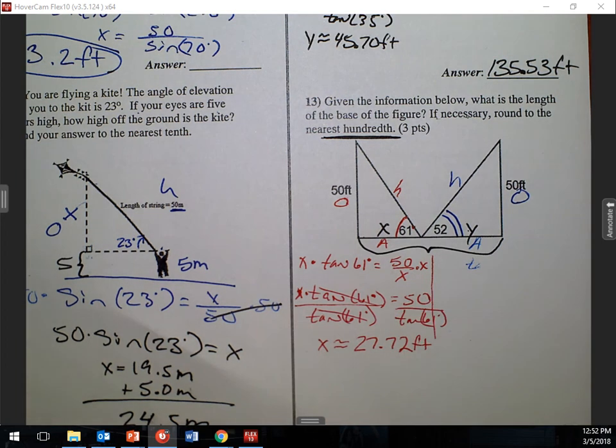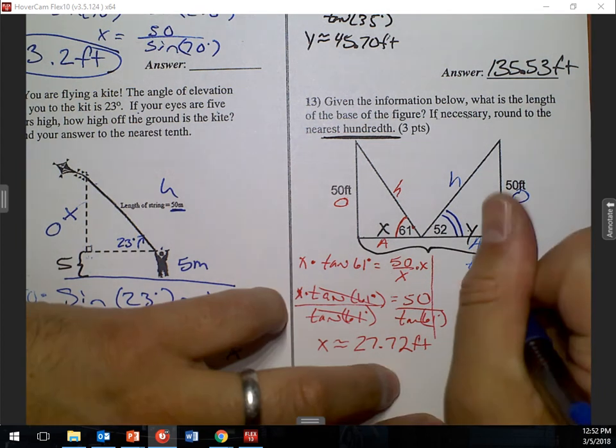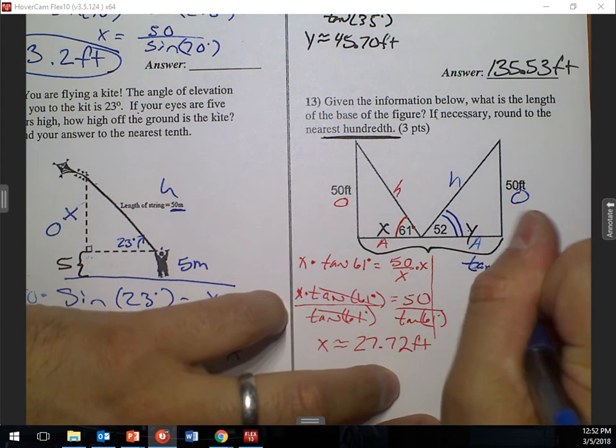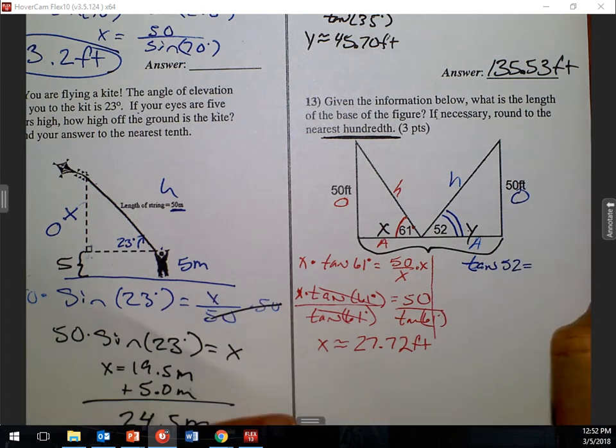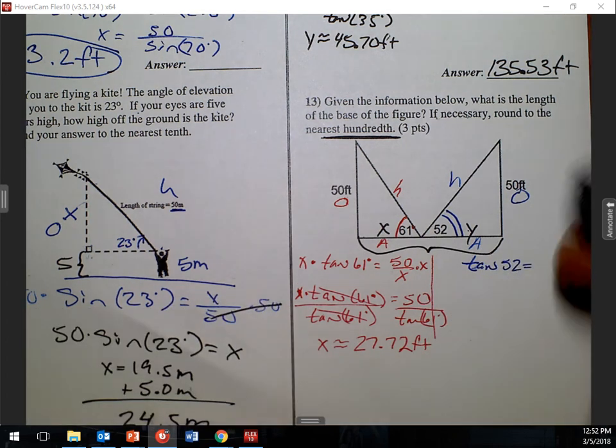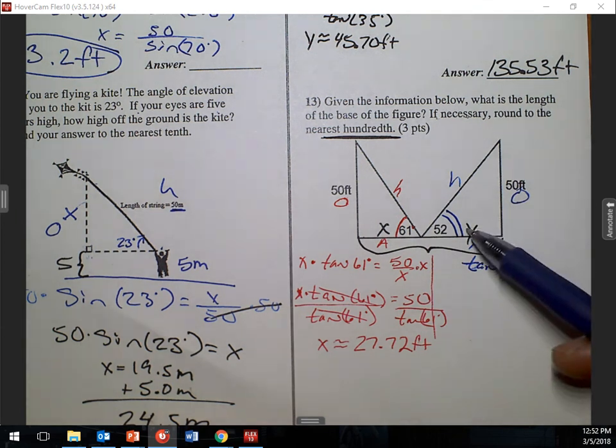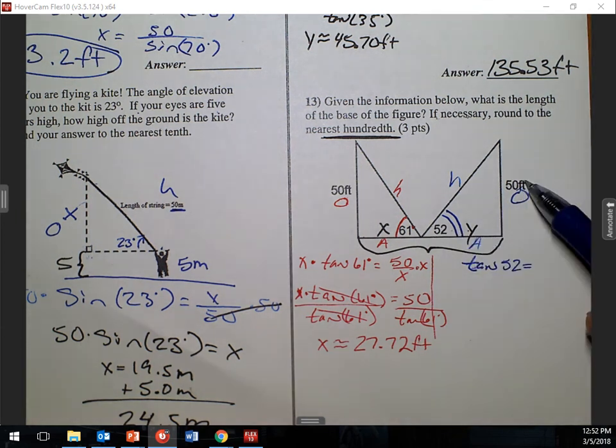Ah, my pen's dying on me. So tangent of 52 is equal to what over what? 50. From this one right here. Over y. 50 over y.